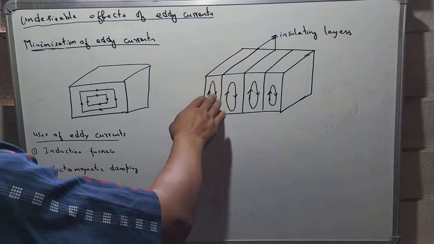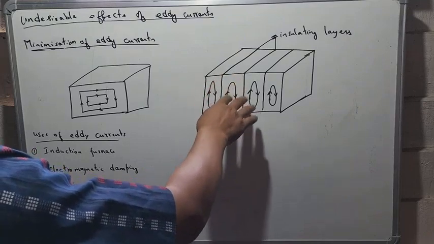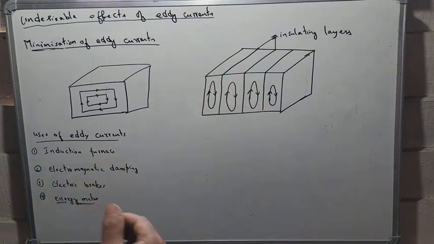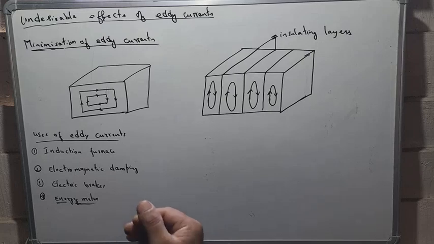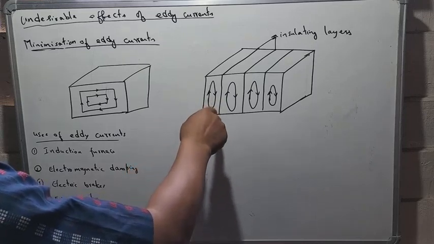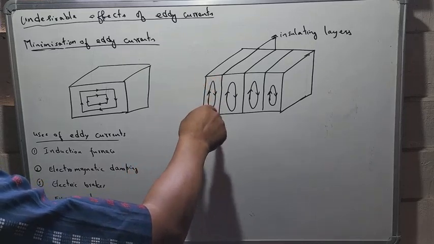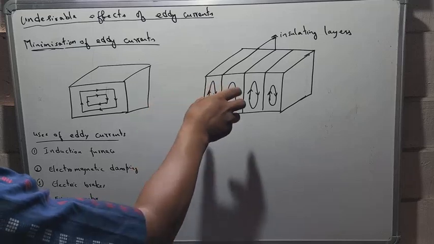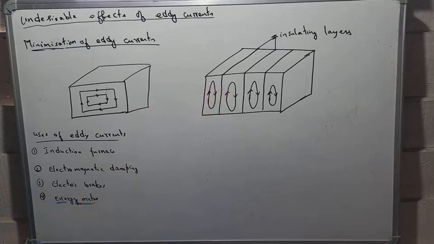These laminated sheets produce a large resistance to the eddy current. When the resistance is large, the current is small. So because of the large resistance, the amount of eddy current induced in this metal will be less.